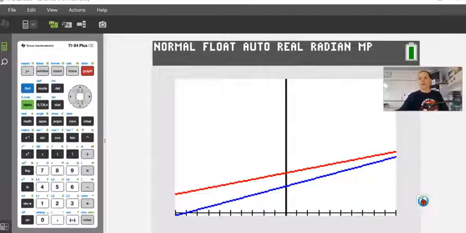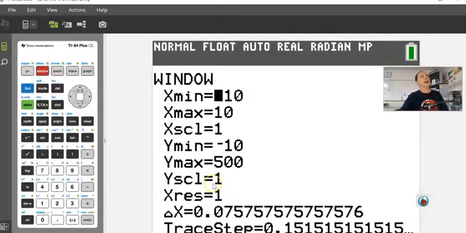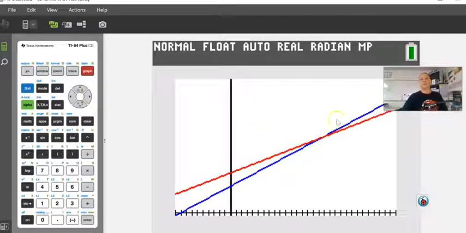When I graph these, it looks like it's hitting somewhere way out here, which I can't see. So I'm going to go back into my window and make it go farther on the X. I'm going to make the X maximum maybe 20 or 30. Actually, let me do 30. Now hit graph. Now I can see they intersect right here.